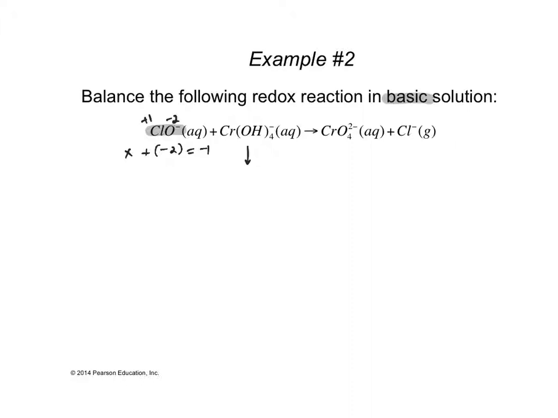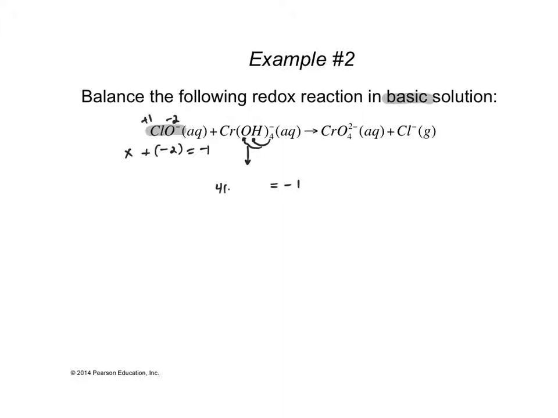So I'm going to say that chromium is the least predictable. Both oxygen and hydrogen are more predictable than it. Again, overall, this has to sum to -1. There are 4 hydrogens and 4 oxygens.